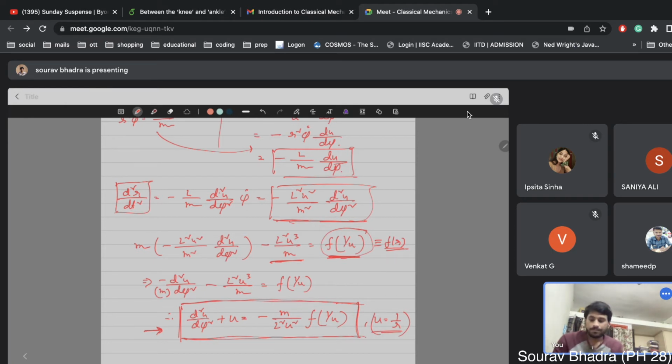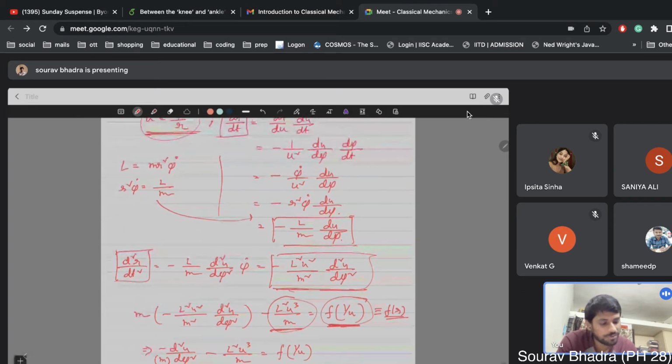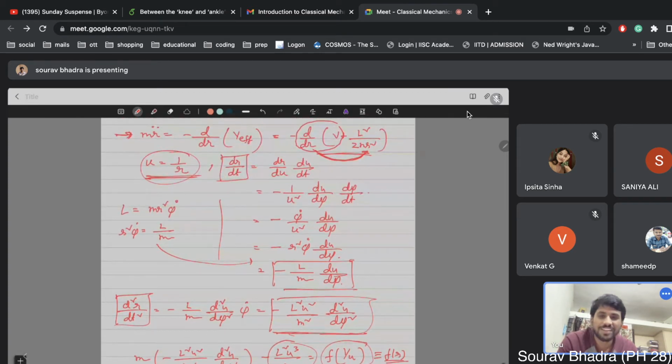Okay, so now any problem till now? Have you understood how this term is coming, or should I do it? I think you can do it, just differentiate that. I am writing in a small way, L square by 2m r square, that will give you L square by r cube.